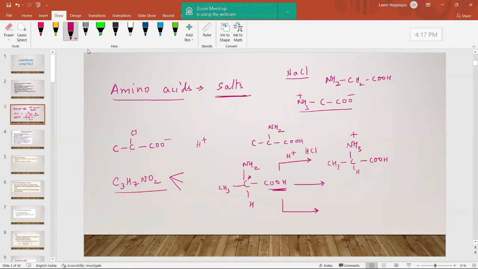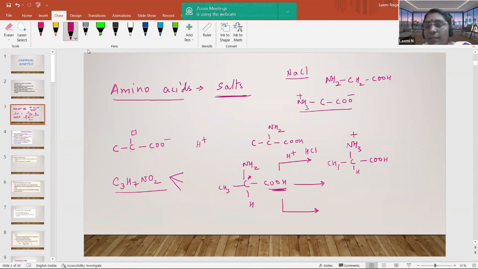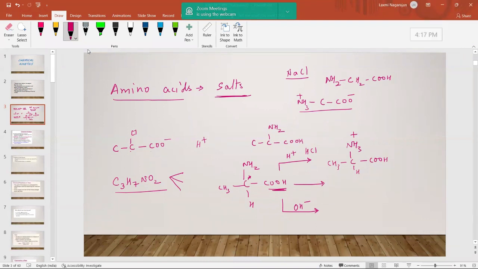And if at this stage it is electrolyzed, towards which electrode would it travel, sir? Towards cathode. Cathode, very good. And if the medium is basic, on the other hand, what would be the result? The proton can be removed from the COOH group, ma'am. Yes. That's why the COO minus group is present, ma'am.